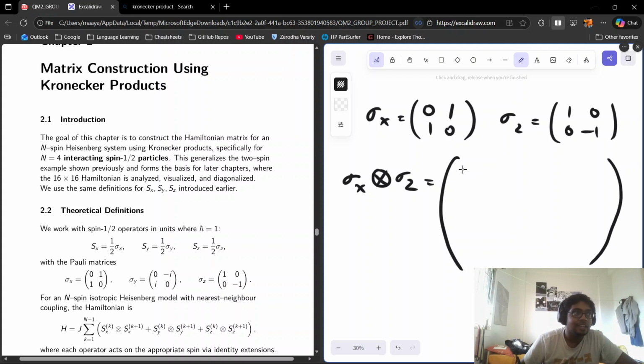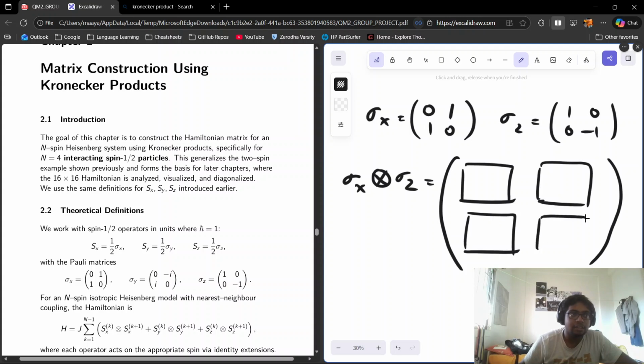So we'll have one matrix here, another here, another here, and another here. The question is which matrix shall go where? That answer is given by multiplying the first element of sigma x, 0 0, to sigma z, sigma x 0 1 to sigma z, and so on.